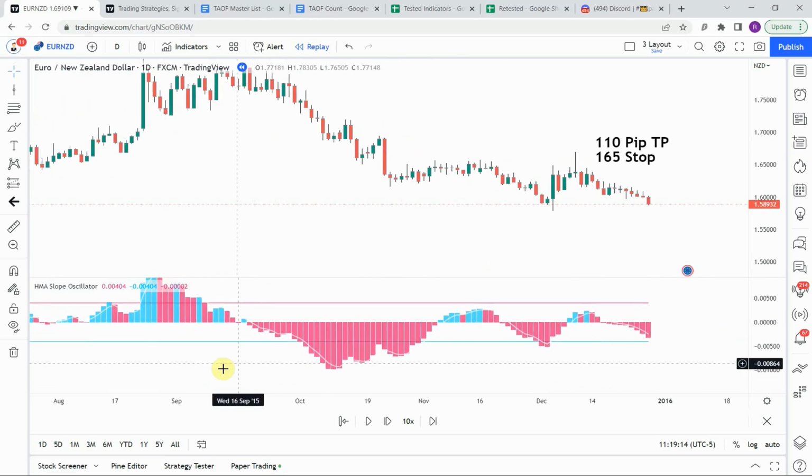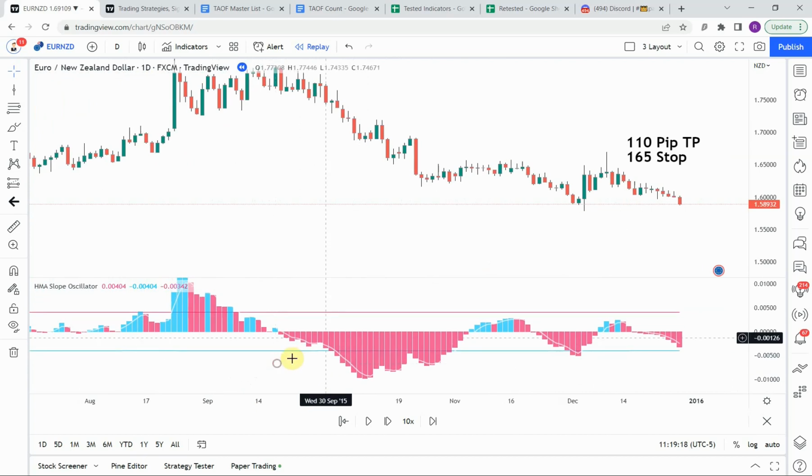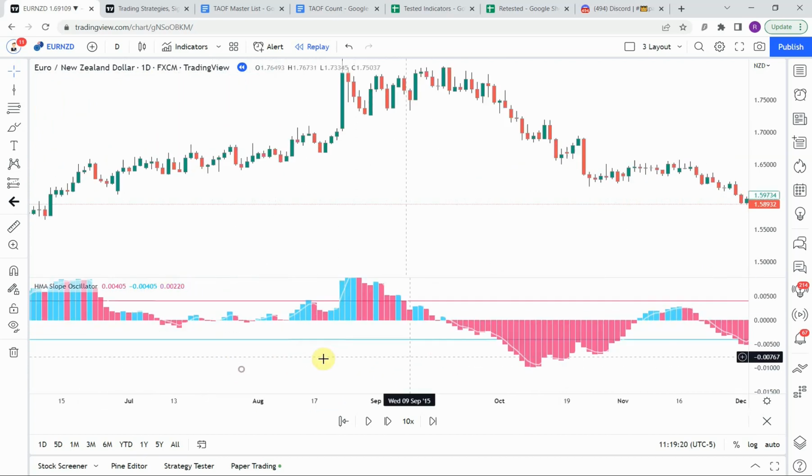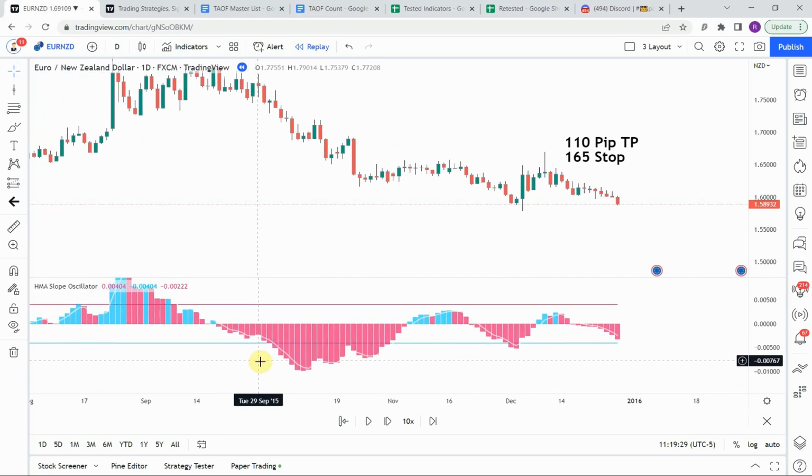The idea is that that is a sign of momentum either to the downside or to the upside. So when we get the purple columns that break the lower line to the downside, that's going to be a signal to go short.